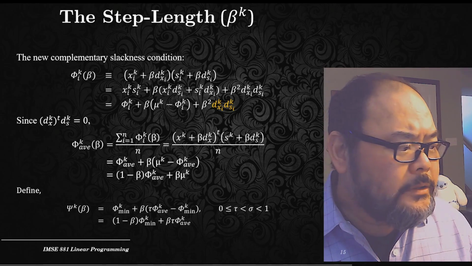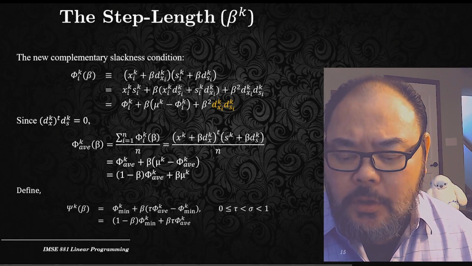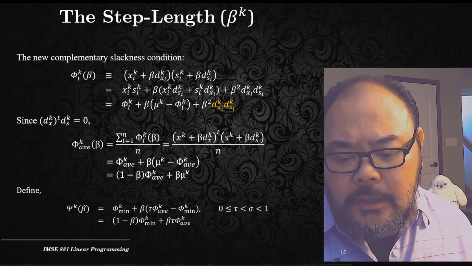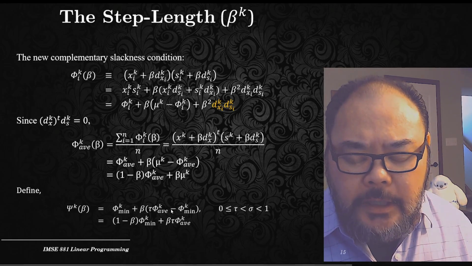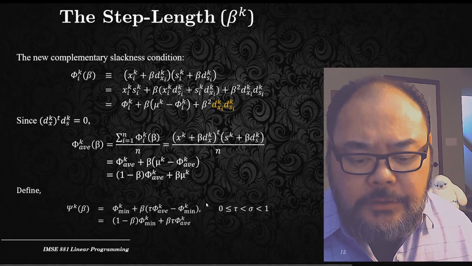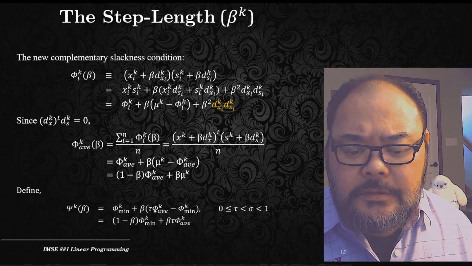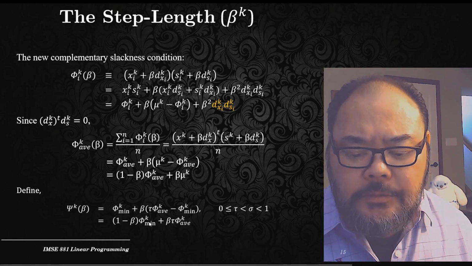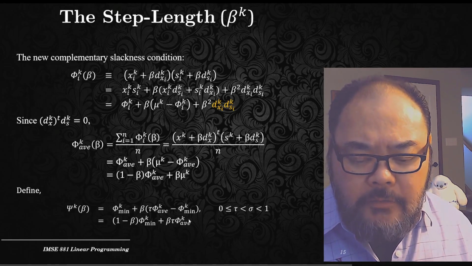And now we define another measurement called psi. Psi of beta equals the minimum duality gap plus beta times tau times the average duality gap minus the minimum duality gap. Therefore, it is similar to the previous one: 1 minus beta times the minimum duality gap plus beta times tau times the average duality gap.